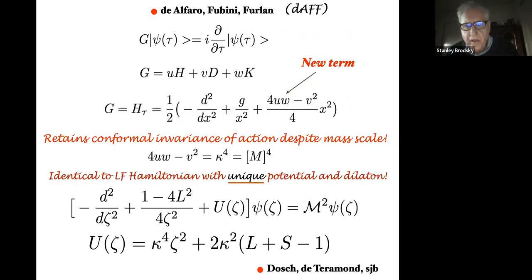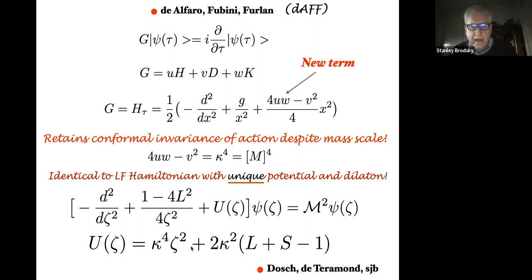There's also work that's related to this by de Alfaro, Fubini, and Furlan, where they showed how you add a new term when you take the Hamiltonian plus a dilatation operator and a special conformal operator. You can only get this term. So when you break conformal symmetry, you basically always get this kappa to the fourth zeta squared term in our theory.